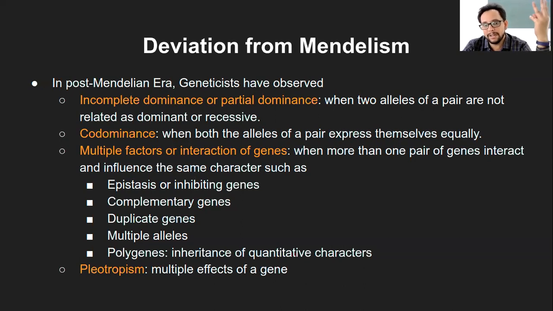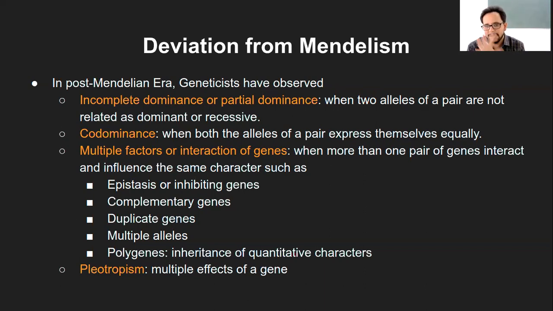Third one is codominance. Codominance, as in out of a pair of a gene, we were assuming that only one expresses. Now in codominance, both the alleles of a pair express themselves equally. And mathematically, if one allele expresses half, and the other allele expresses half, that forms one complete expression.